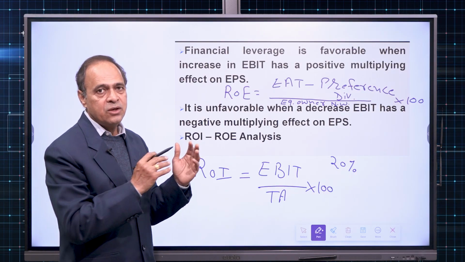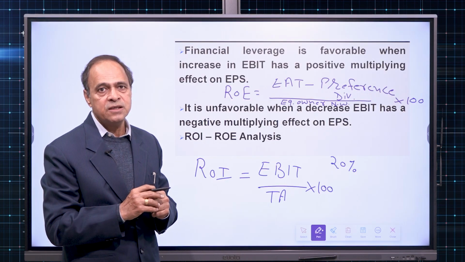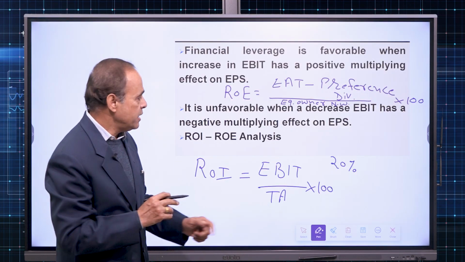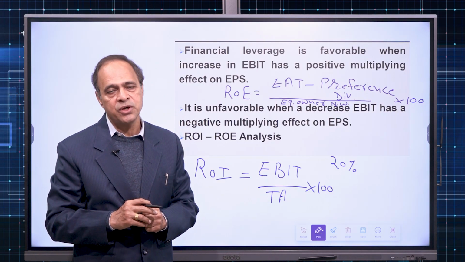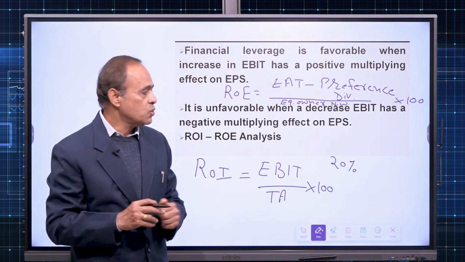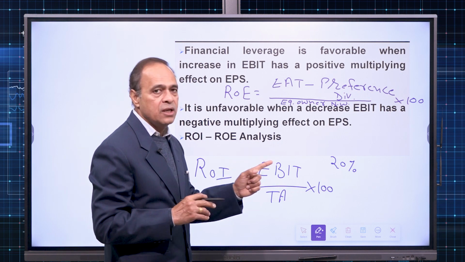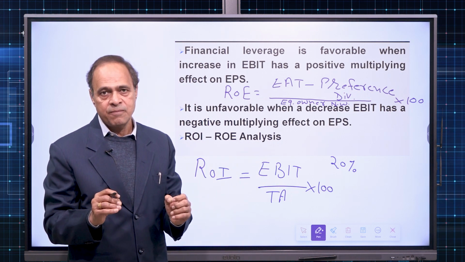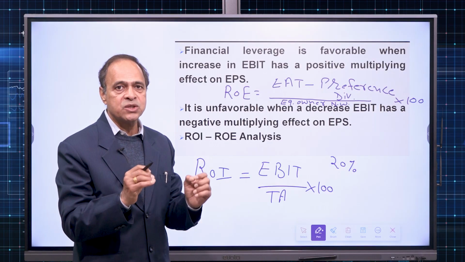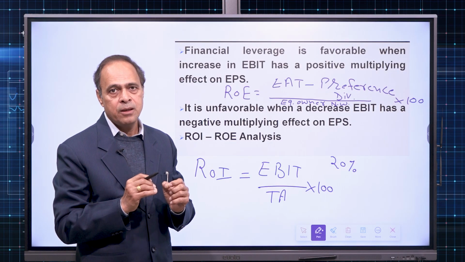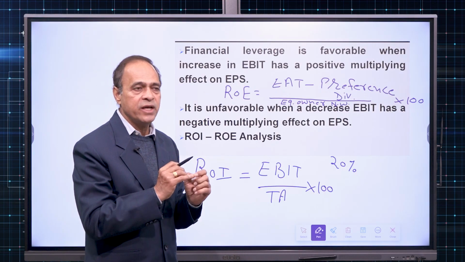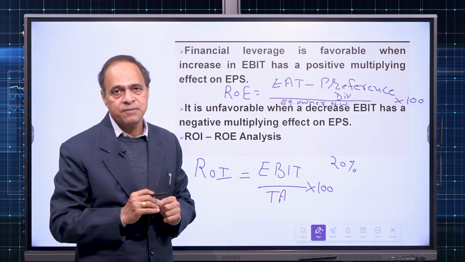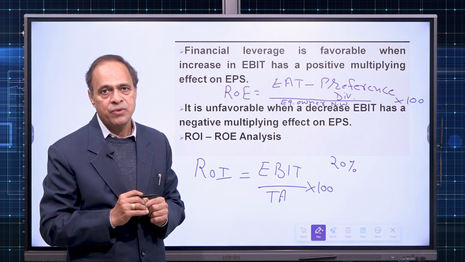If total investment in assets is 2000 crore, then what will be your EBIT? 20% of 2000 crore, that is 400 crore. So 20% ROI means we can afford a leverage in which my before-tax cost of the preference is below 20%.